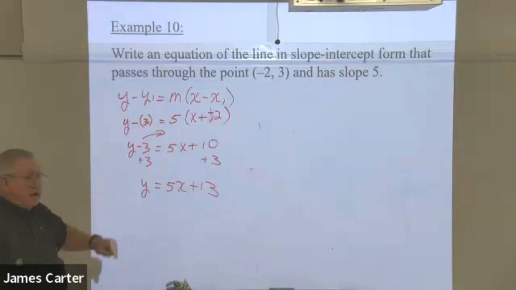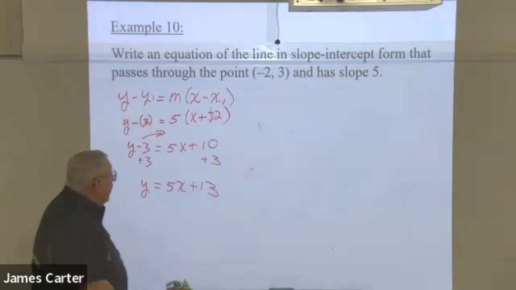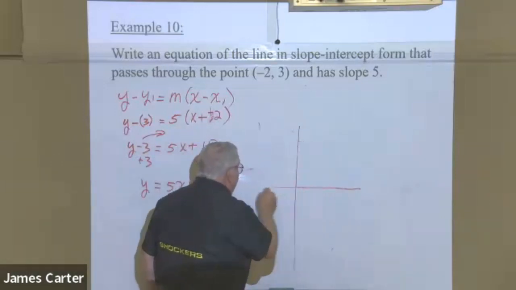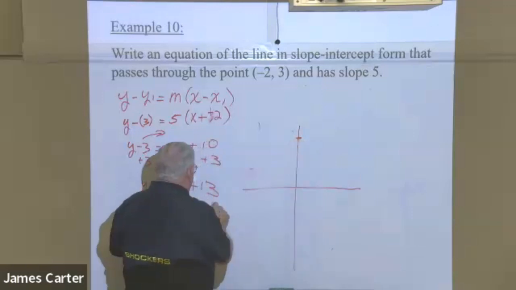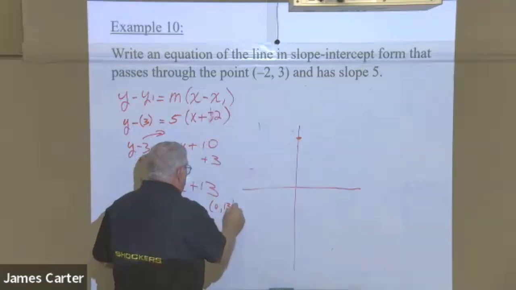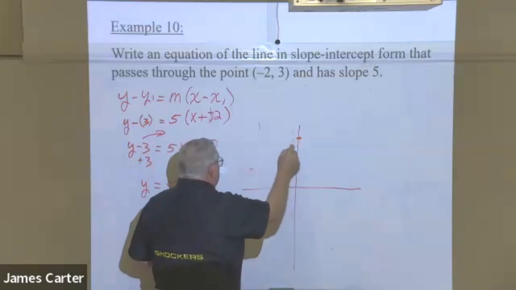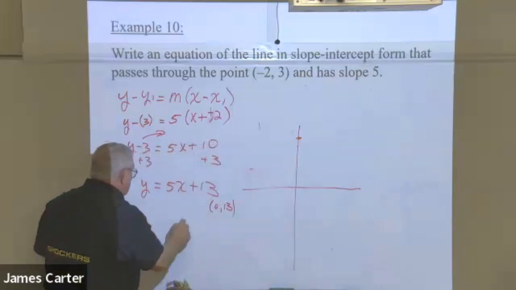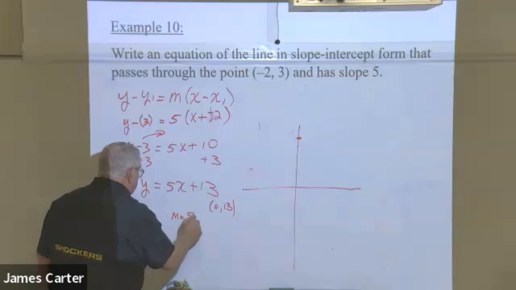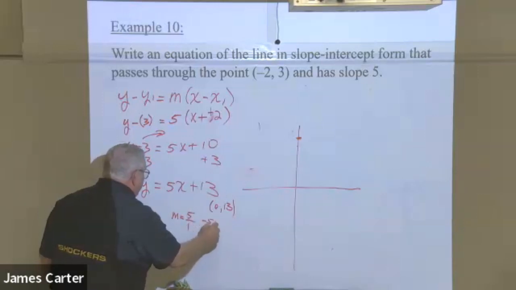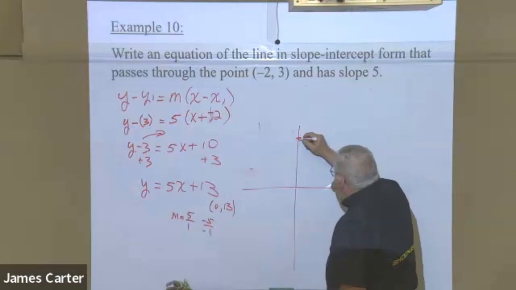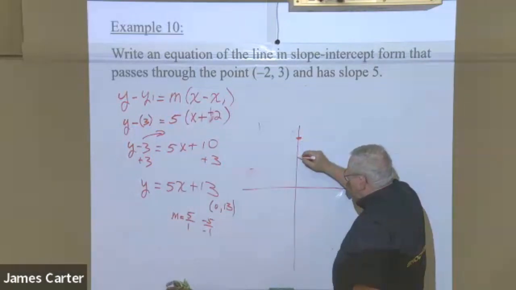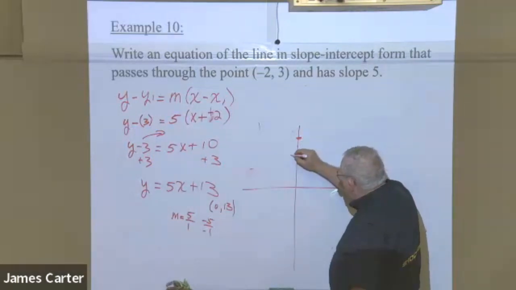Now, this one didn't ask me to graph it. But had they asked me to graph it, my slope is 5, my y-intercept is the point 0, 13. Okay, that becomes my anchor point. My slope is 5 over 1 or negative 5 over negative 1. Okay, so from this point, I can go down 5 and left 1.